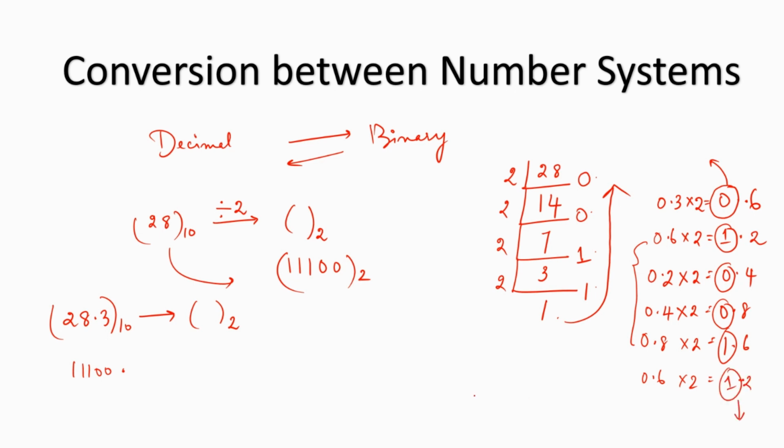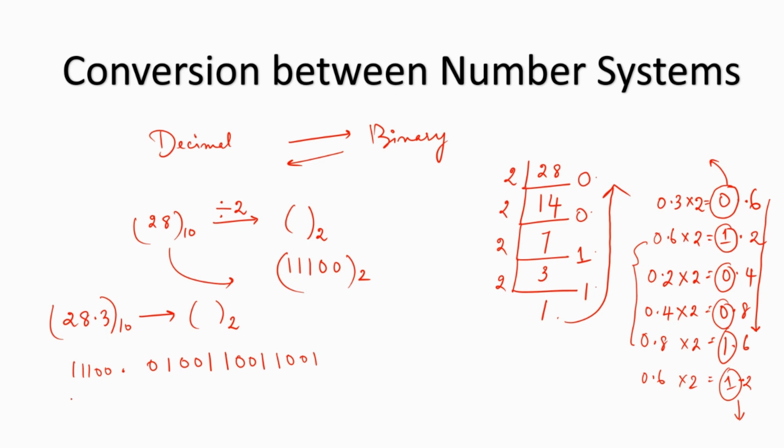So we can see that the representation of 0.3 decimal base 10 in binary will be, now we have to write it in top to bottom order only. So this would be 0 1 0 0 1, and again 1 0 0 1, and this will continue as 1 0 0 1 and so on.